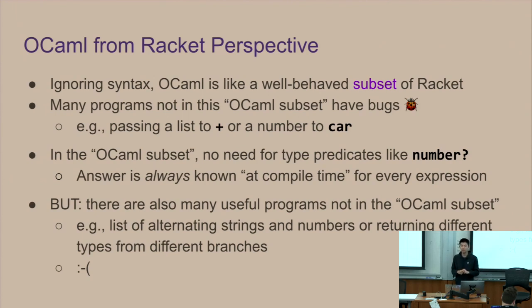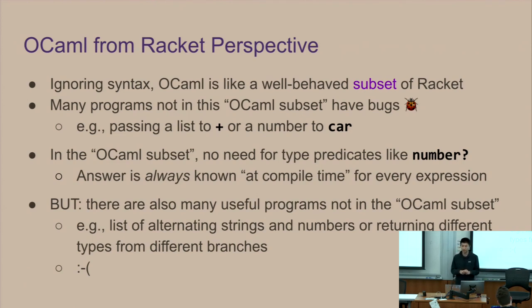If we ignore all the syntax, OCaml is really just a very well-behaved subset of Racket. In Racket, people can write all kinds of arbitrary things. For example, people can write lists of arbitrary types.